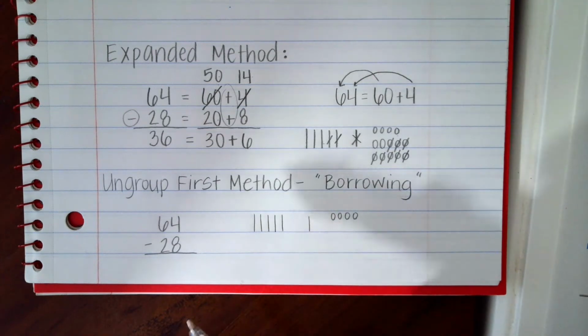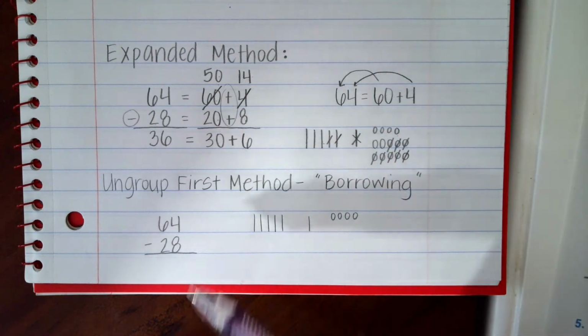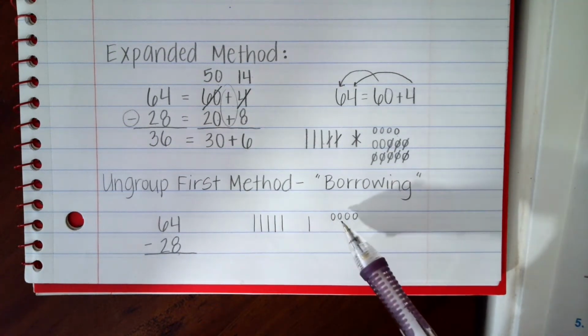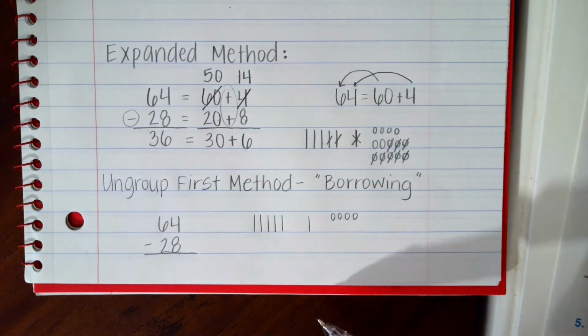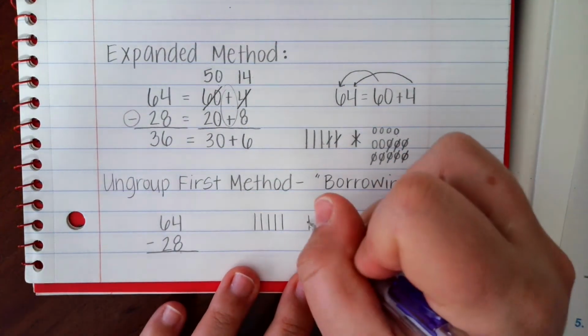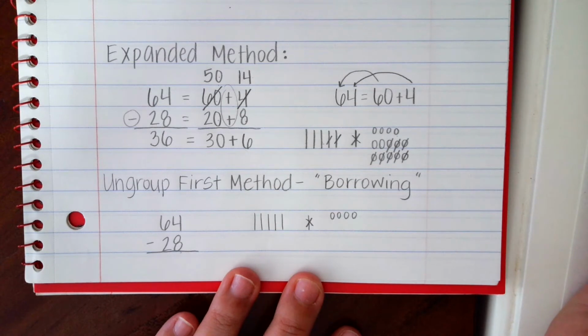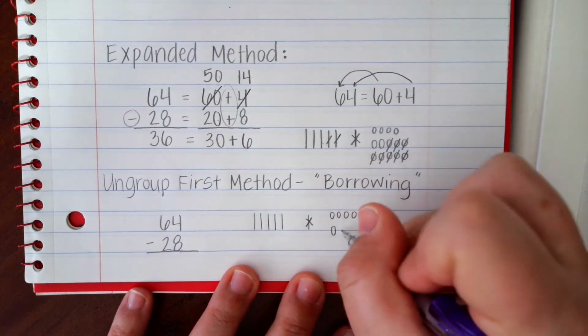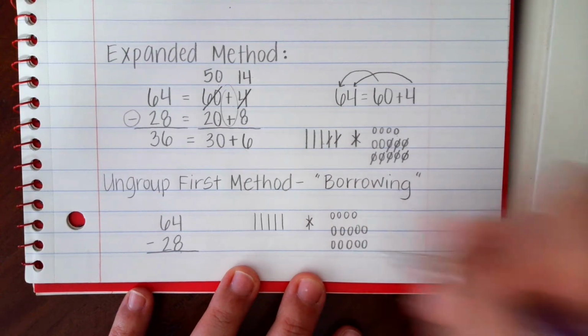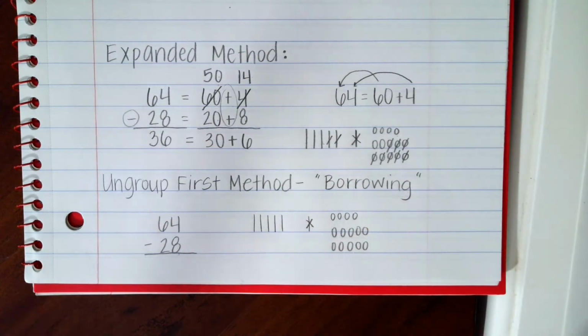So the first thing I'm going to say is, okay, can I subtract 4 minus 8? If I have 4 ones, can I take away 8 ones? The answer is no. So if I was doing the drawing method, I would exchange one of my 10s for 10 ones, right? That's what we did in the drawing method. Well, we're going to do the same thing.